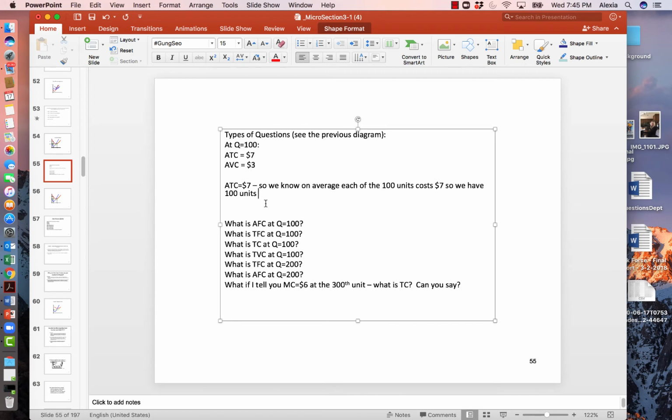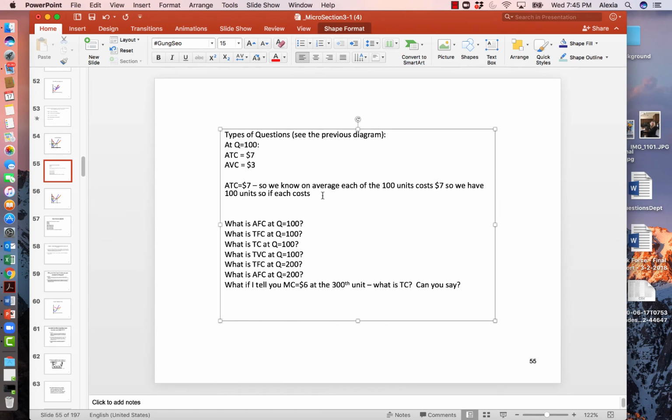What's total cost at Q of 100? Well, we know the average fixed cost is 4, which tells us that on average, each of the 100 units costs $4 in fixed cost.